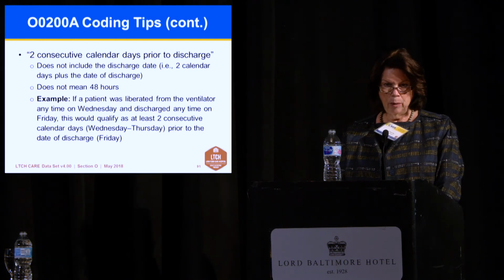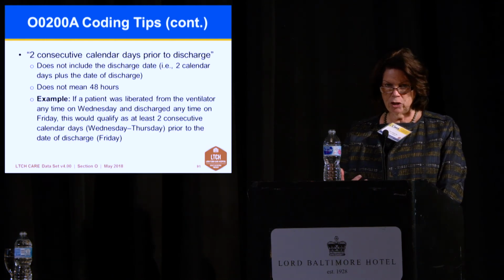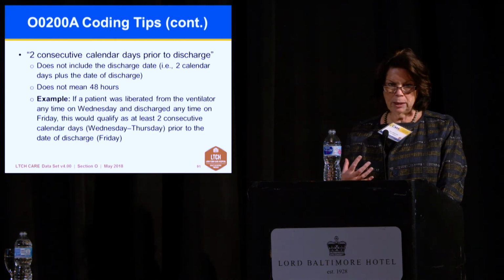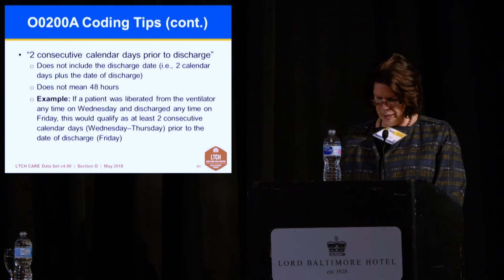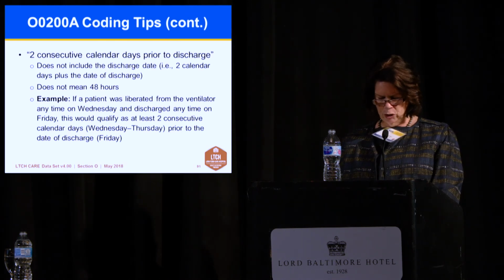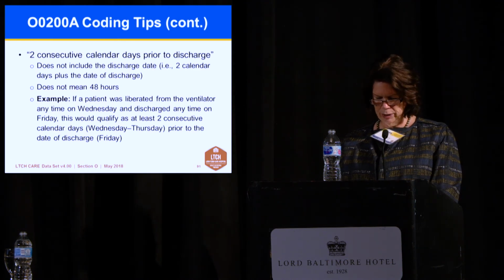This slide is in response to questions we received from the December training, because people asked us what 2 consecutive days mean prior to discharge. And one of the questions was, is it correct that 2 calendar days prior to the date of discharge does not mean 48 hours?